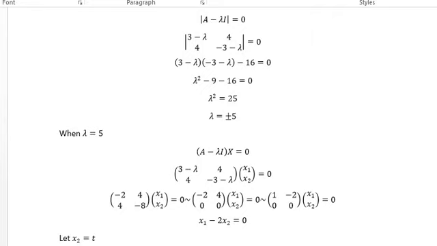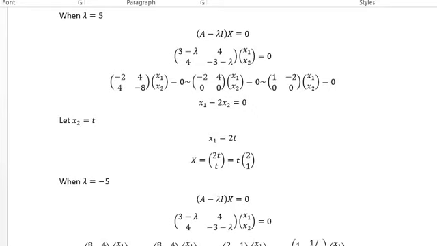We get the corresponding eigenvectors for lambda is equal to 5. The eigenvector for lambda is equal to 5 is (2, 1), that is x is equal to t times (2, 1). Now similarly we have to find the eigenvector for lambda is equal to minus 5.